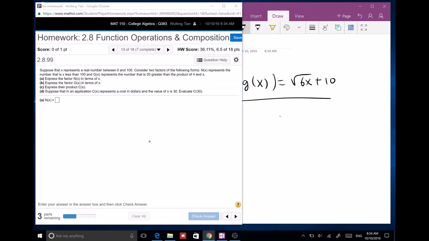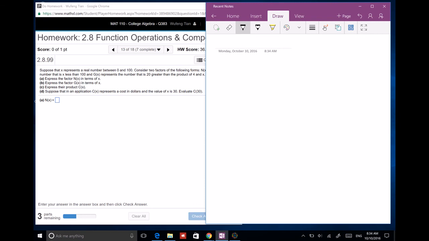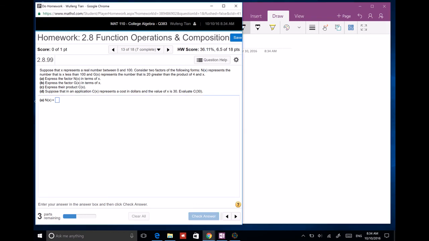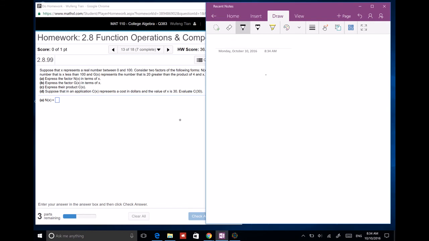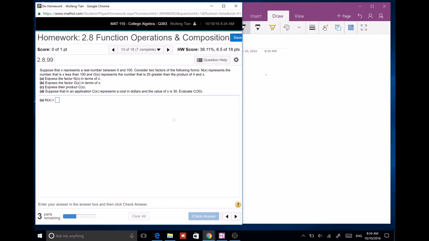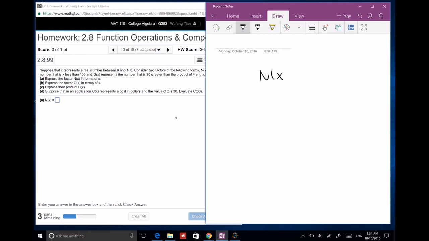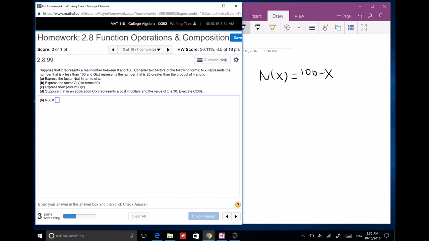Okay. Number 13. Suppose that x represents a real number between 0 to 100. Consider two factors of the following forms. N of x represents the number that is x less than 100.